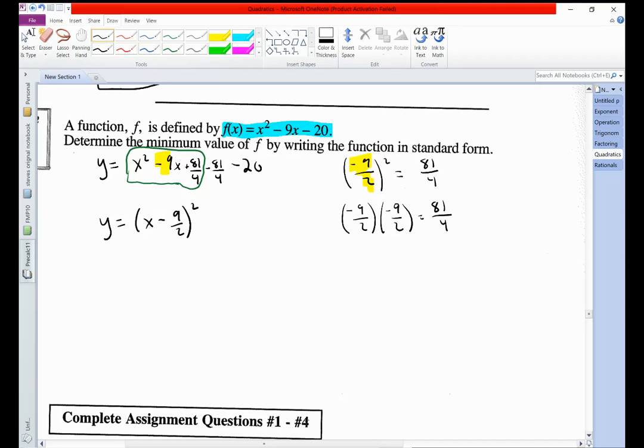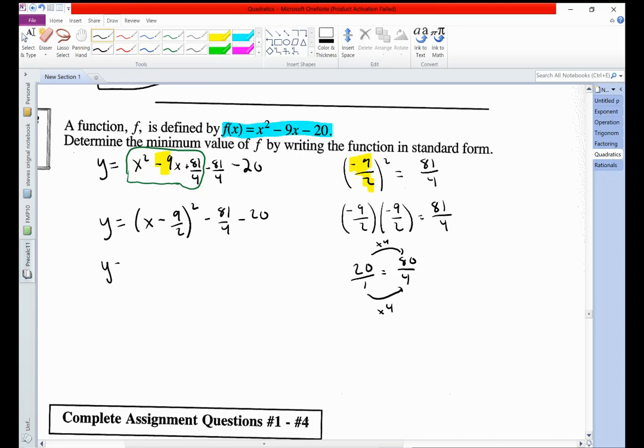And now we have minus 81 over 4 minus 20. So we need to write 20 as a fraction over 4 in order to combine those terms. So 20 over 1 is the same as 80 over 4. So we have to multiply the bottom by 4, and we have to multiply the top by 4.